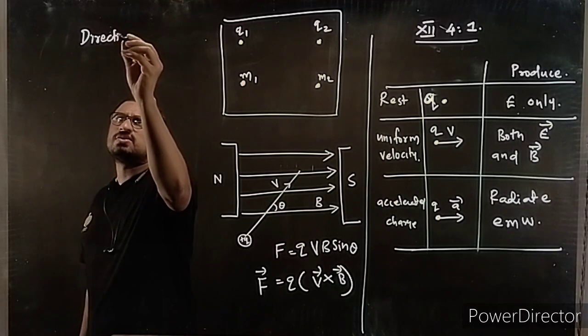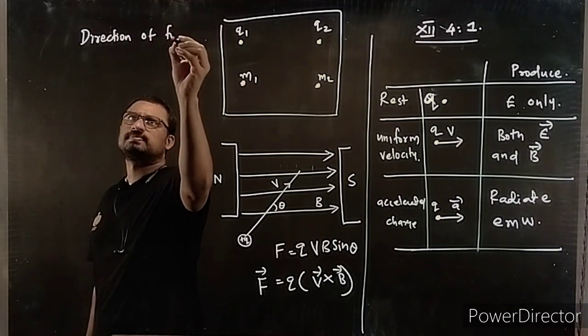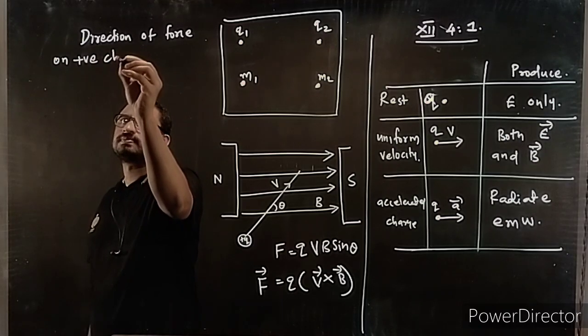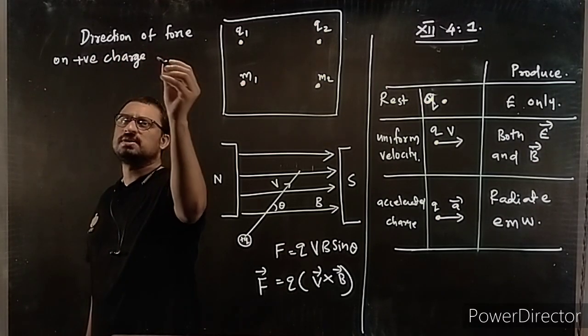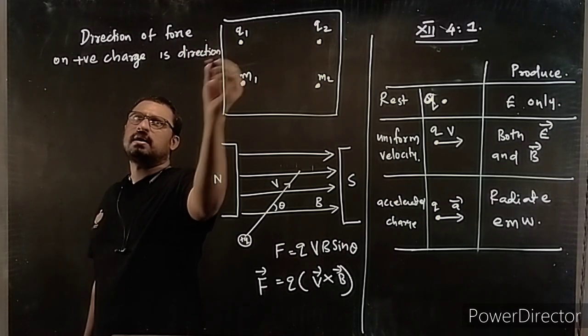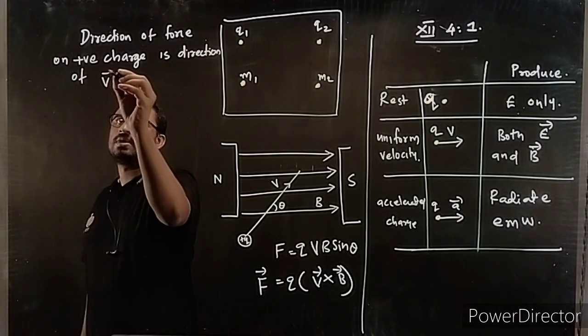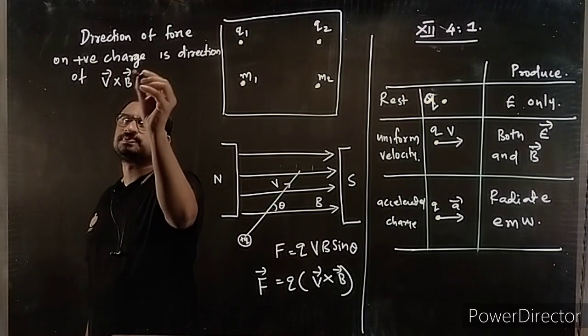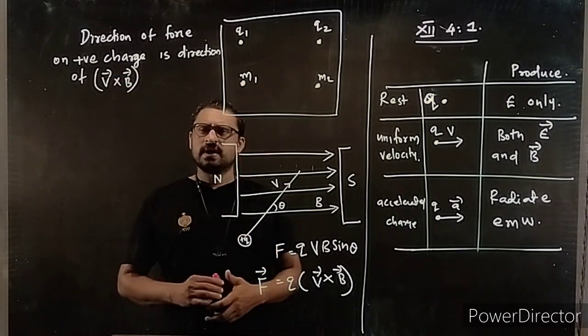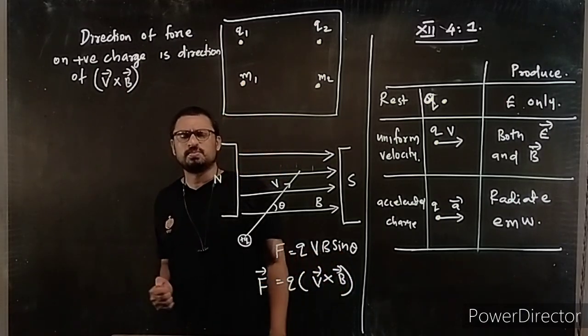So the direction of force on a positive charge is the direction of V cross B. Now, how can you find the direction of V cross B?